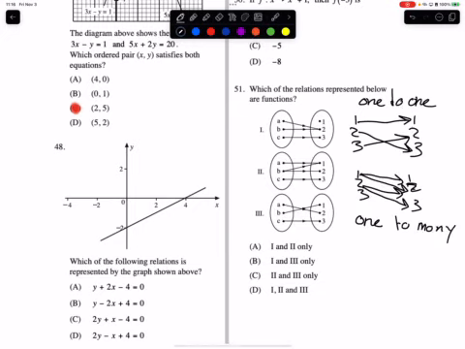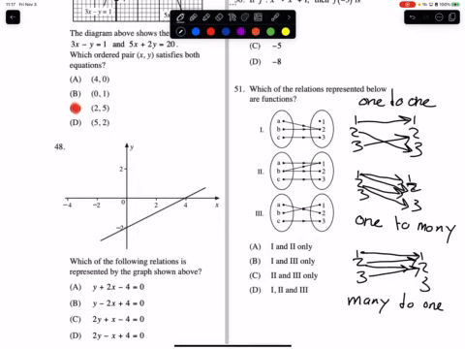And then you have another one. This one is many to one. And now they ask, what is a function?